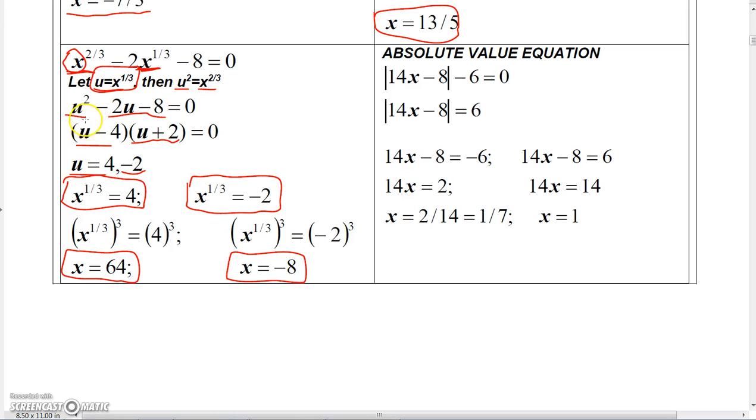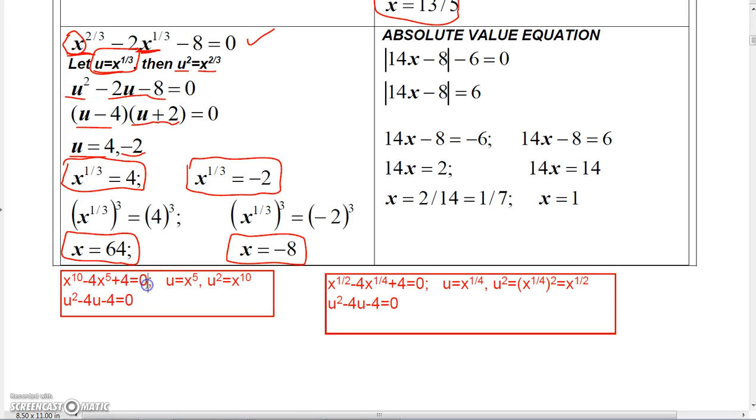Now, I just want to show you a couple of examples of equations that fall in this form. I'm not going to solve them, but just so you'll see some equations that could be solved using this method. Here I have x to the 10th minus 4x to the 5th plus 4 equals 0.